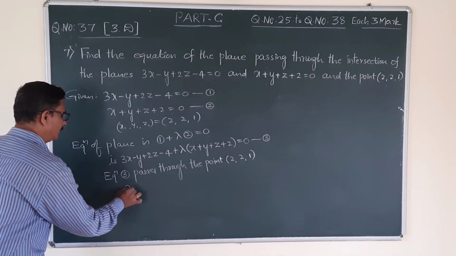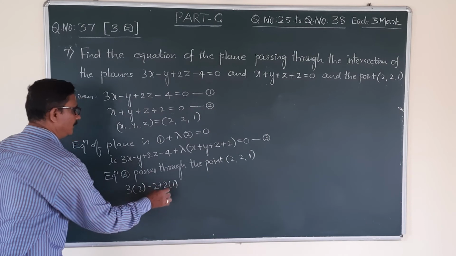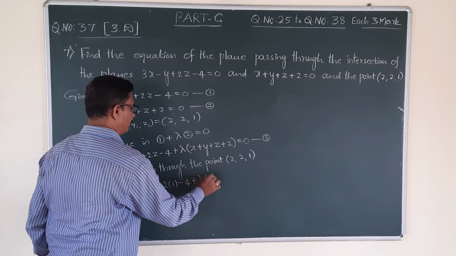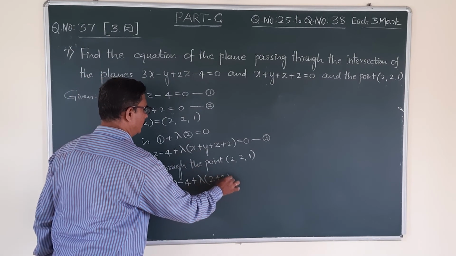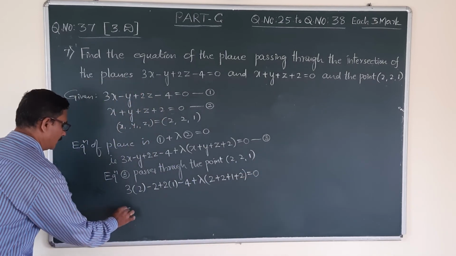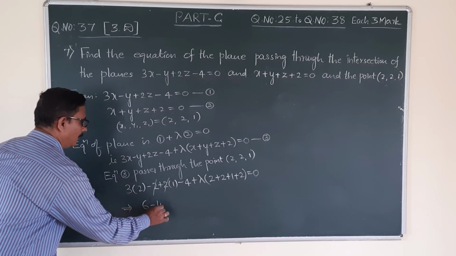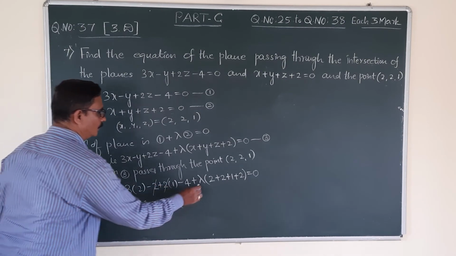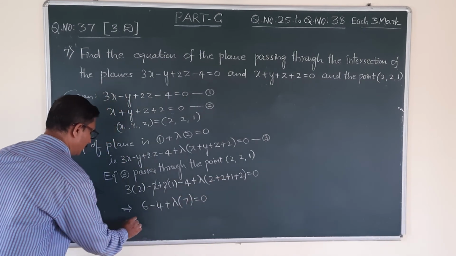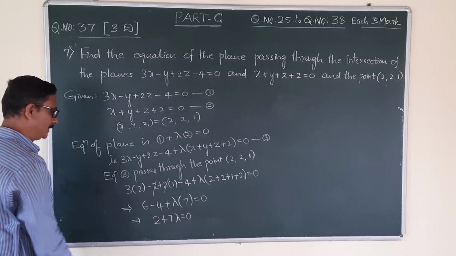See what happened? 3 into 2 minus y value 2 plus 2 into z value 1 minus 4 plus lambda into x value 2, y value 2, z value 1 plus 2 is equal to 0. So 3 2s are 6, minus 2 plus 2 cancel, minus 4 plus lambda into 2 plus 2 is 4, plus 1 is 5, plus 2 is 7, equal to 0. 6 minus 4 is 2 plus 7 lambda is equal to 0, right?